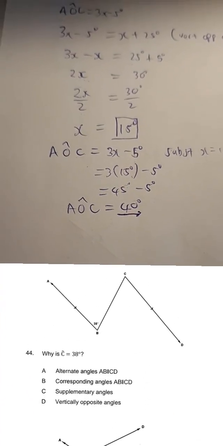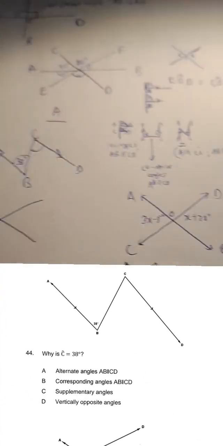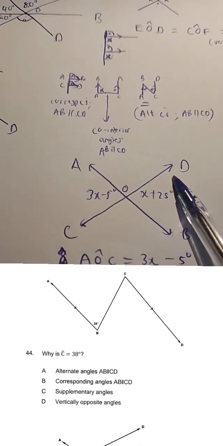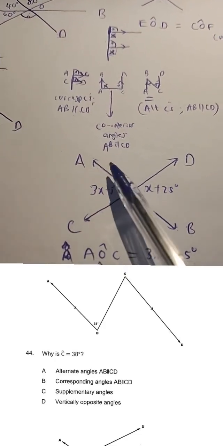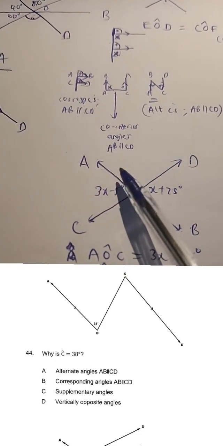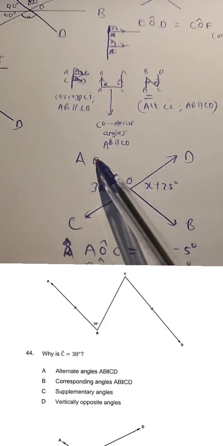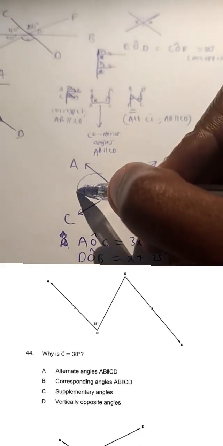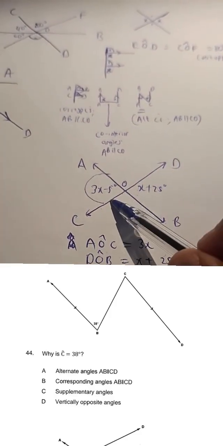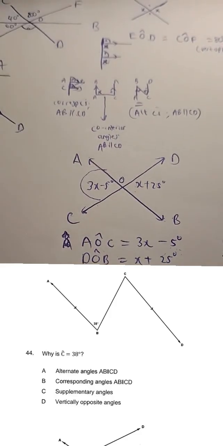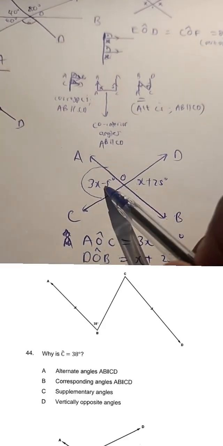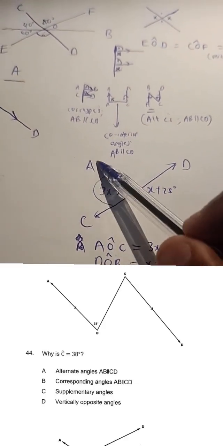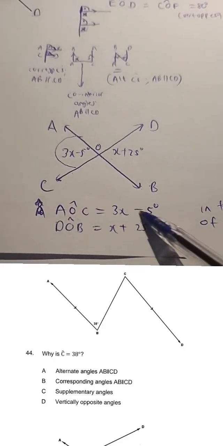Okay, we were given a diagram here and they said, what is the size of angle AOC? So in other words, they want to know the numerical size of this angle, the number size of the angle. Currently we are given angle AOC in terms of x.